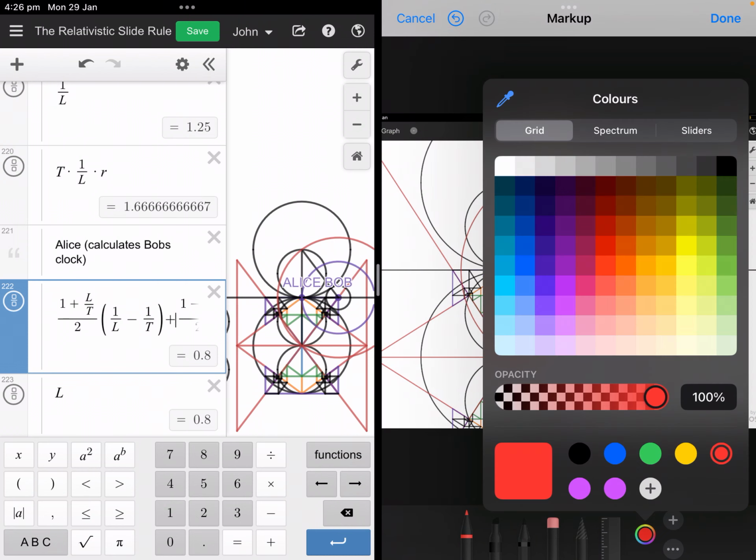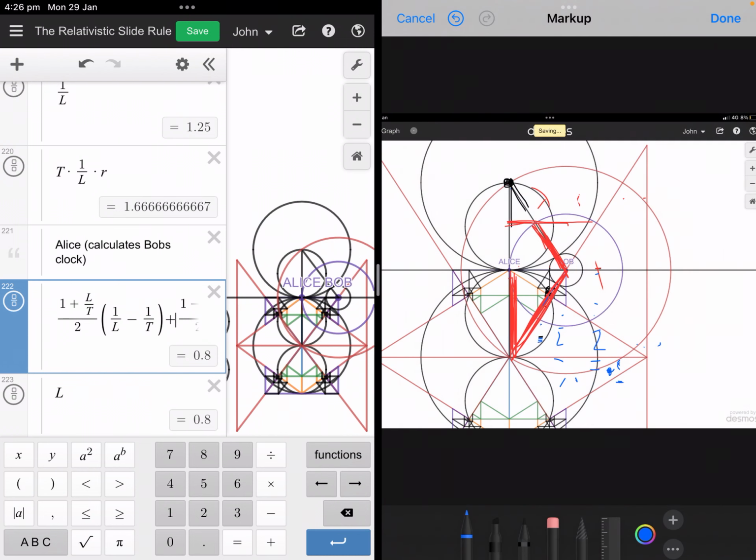And she experiences blue shift for that amount of the time, which is precisely 20% of the time, whereas Bob experiences blue shift for 50% of the time. So that's the time reason for the difference. That'll do.